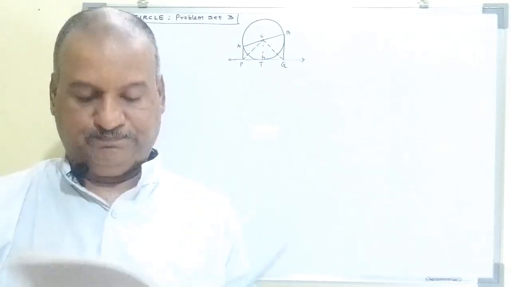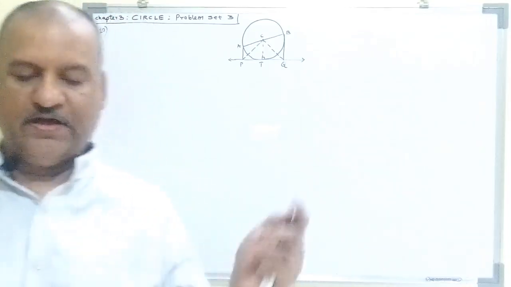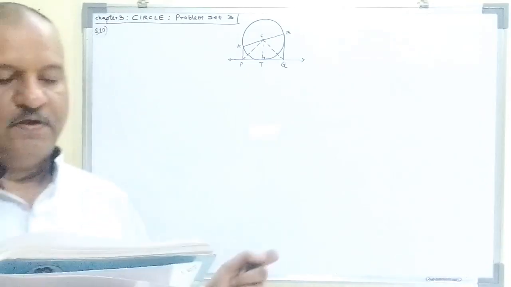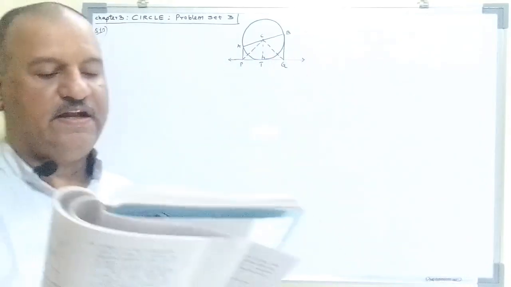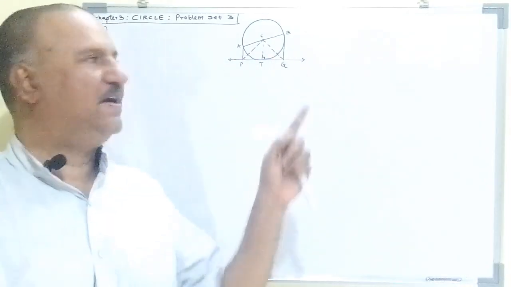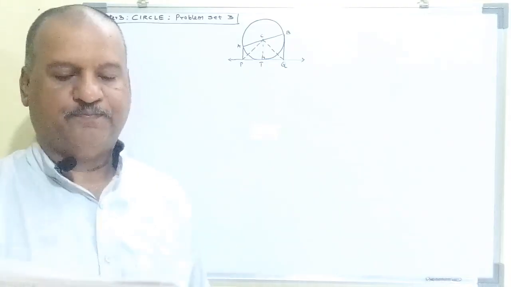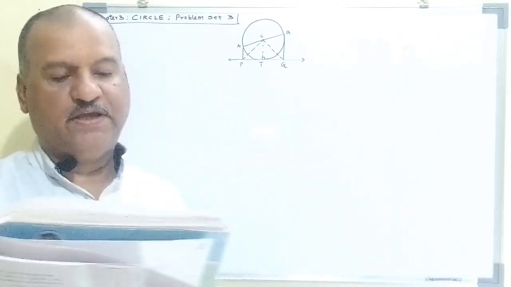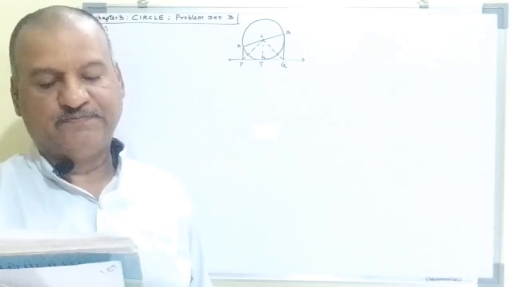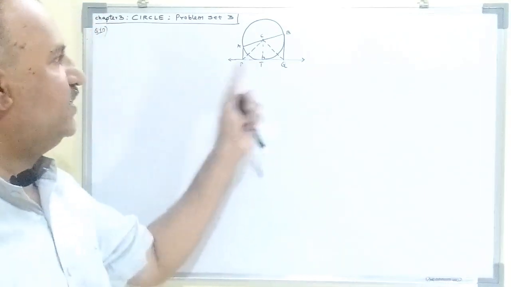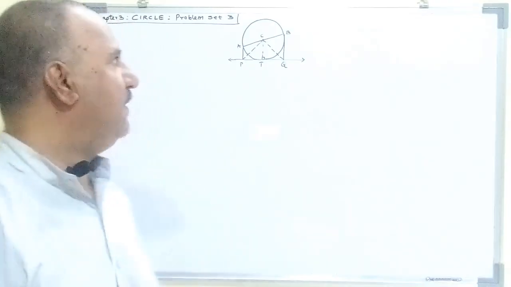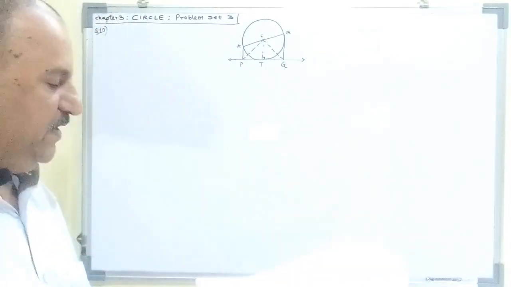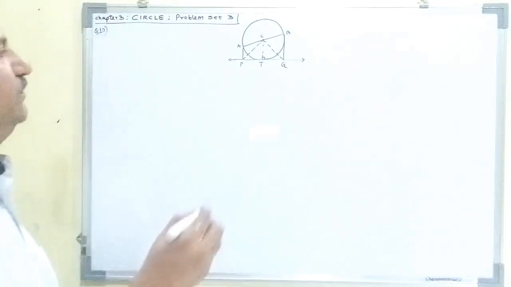We read the question. In the figure, say AB is a diameter, okay, passing through center C. Line PQ, ये line PQ is a tangent to the circle which touches the circle in point T. AP is perpendicular, अच्छा उन्हें दिया है, AP is perpendicular to PQ.